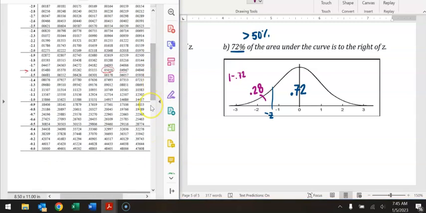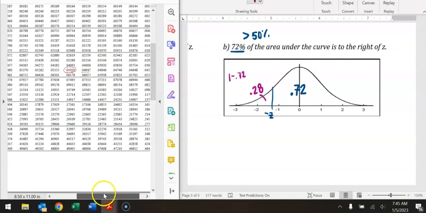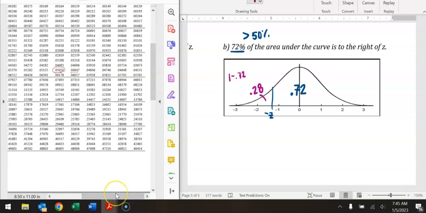So I'm looking in my chart for an area that is closest to 0.28. It's going to be down closer to the bottom. Keep looking here. All right, well, I see we're getting closer. I see this number here, this number here. So I'm going to do a little subtraction and see which one is in fact closest.